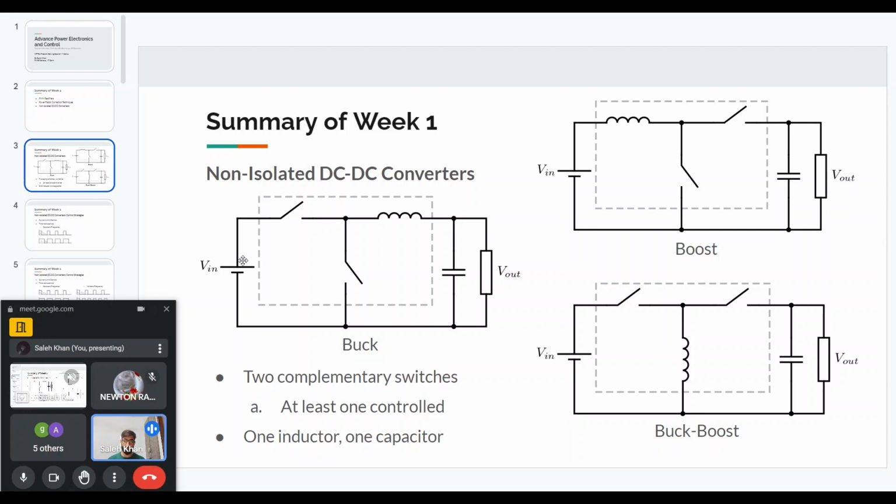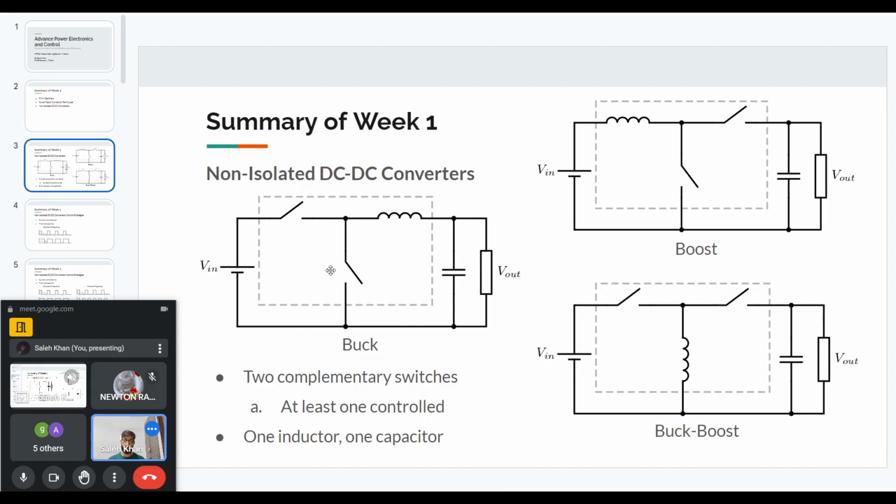Internally we have three terminals: the input terminal, the output terminal, and one terminal connected to the ground or the negative point. In between them, we can connect two switches and an inductor in three different ways, and those three ways give us three different converters.